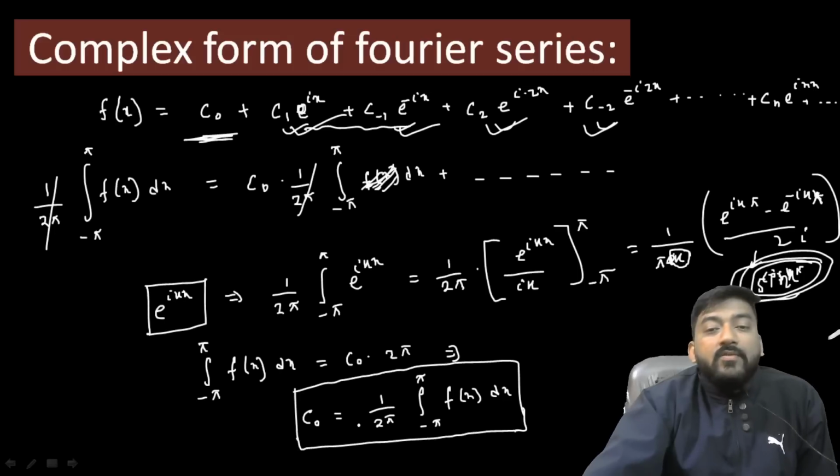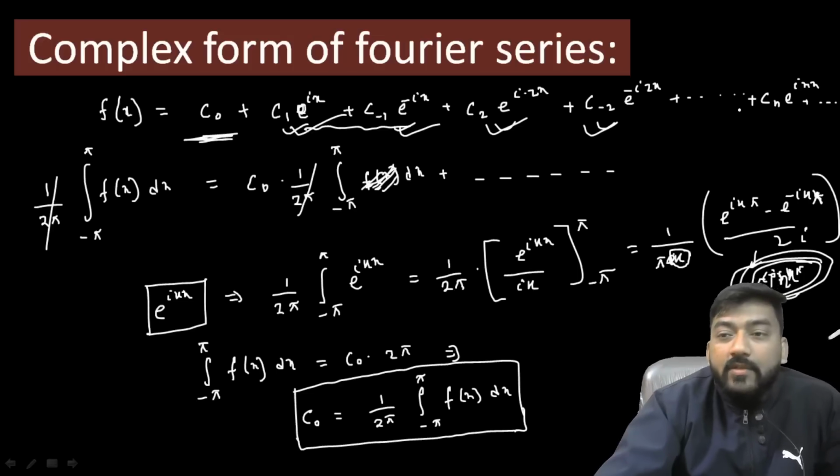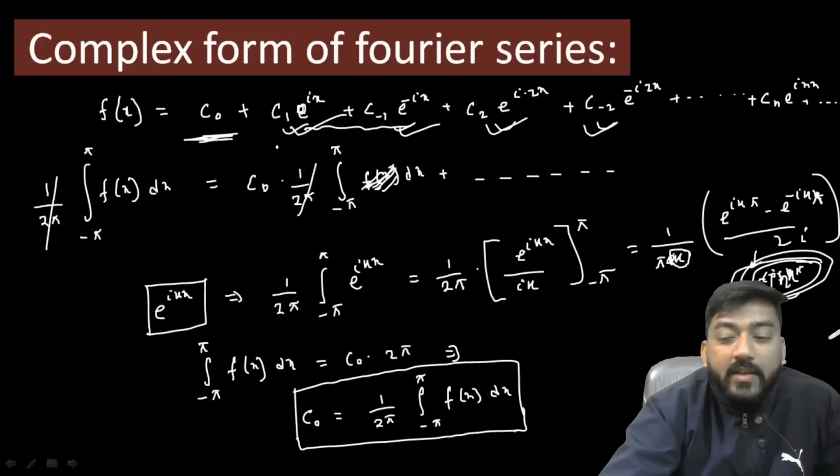Okay, so now what will be cn? To find out cn, what we have to do is again multiply this expression with e to the power minus inx.